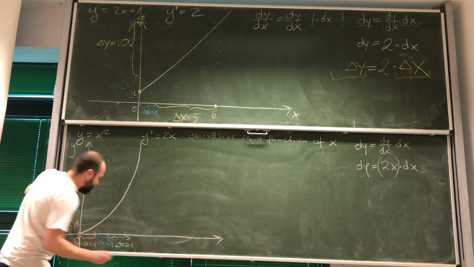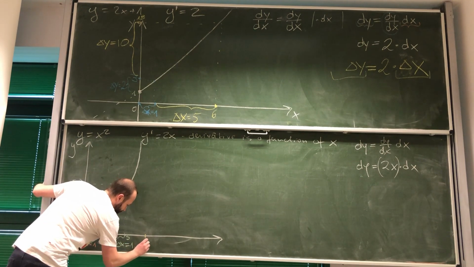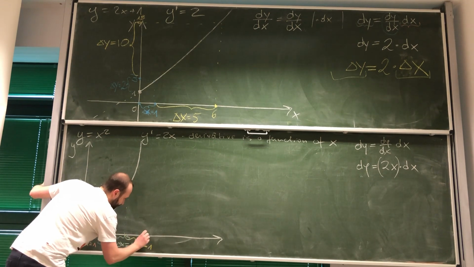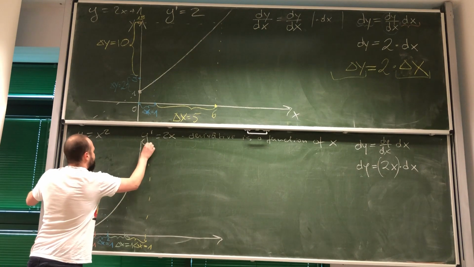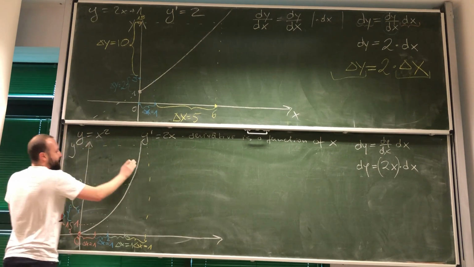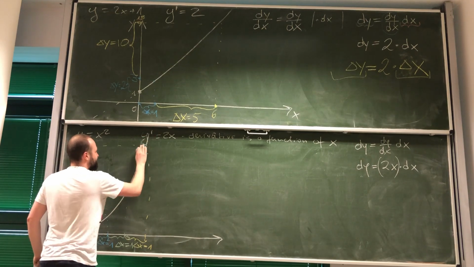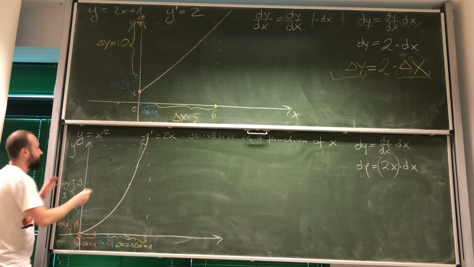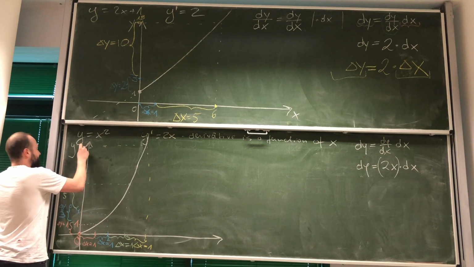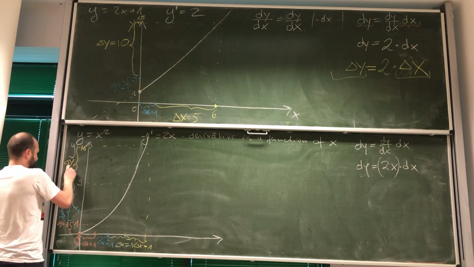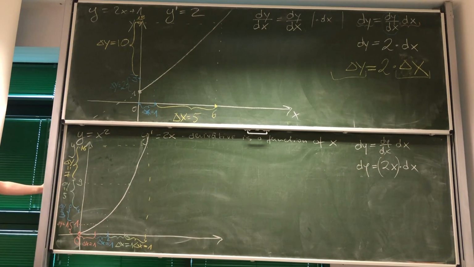Okay, let's just do one more. And we see that if x is 4, so delta x is again 1. I'm starting to miss the curve, but we get that 16, and we see that delta y is equal to 7.